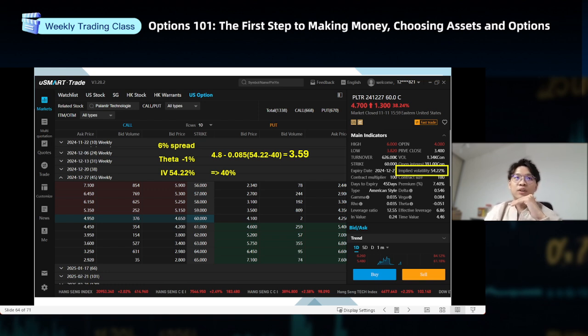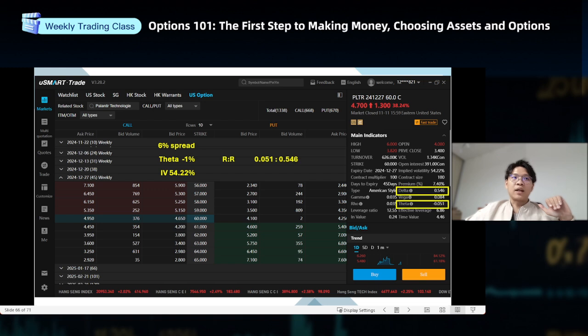So even though for this option the spread is good, the time decay is low, and there is high volatility for you to get in and get out, this share price is actually way more expensive than it should be, a $1.20 difference higher than it should be. So my suggestion will be you wait for the IV to drop below 40% for an entry, because we want to buy low and sell high.